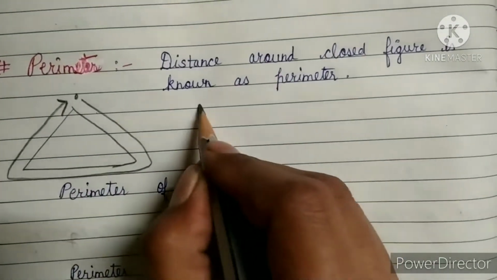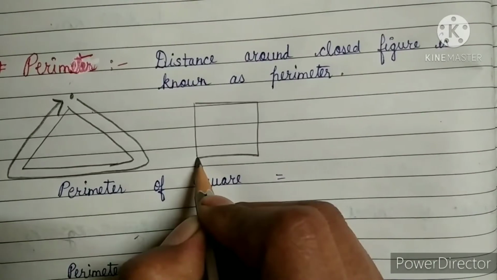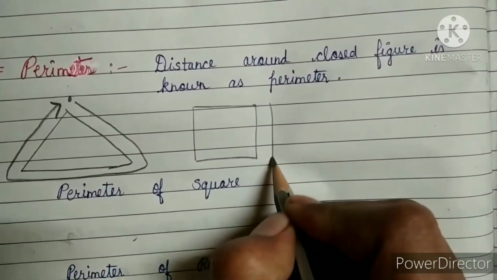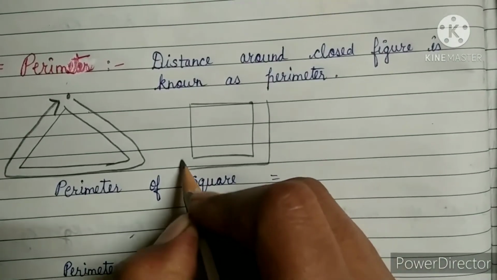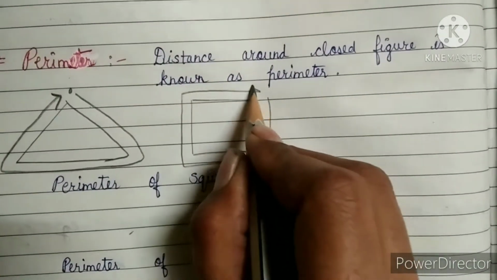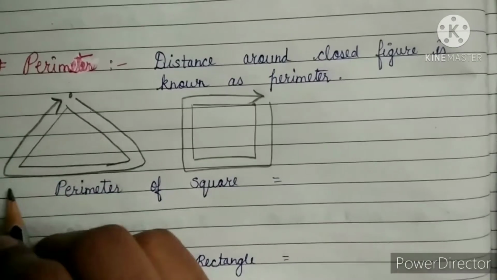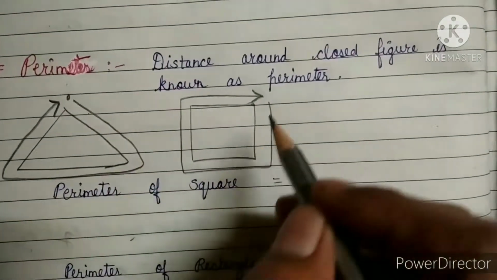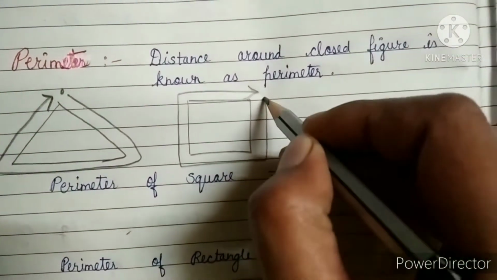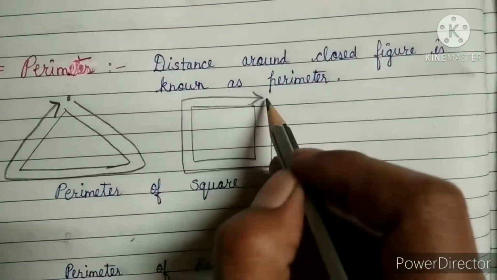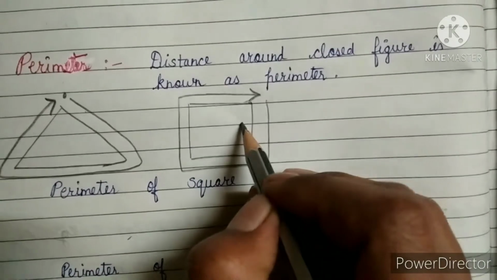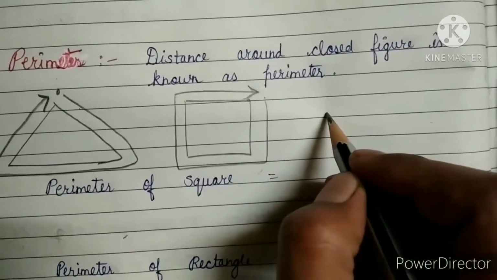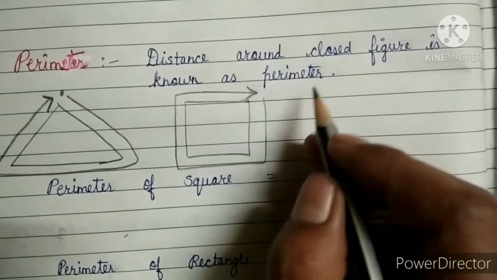Same with a square: you can start from any corner, and when you move around the closed figure, you will get the perimeter. These are examples of perimeter, moving from the starting point and ending on the same point. So this is the perimeter when we are moving around the boundary.